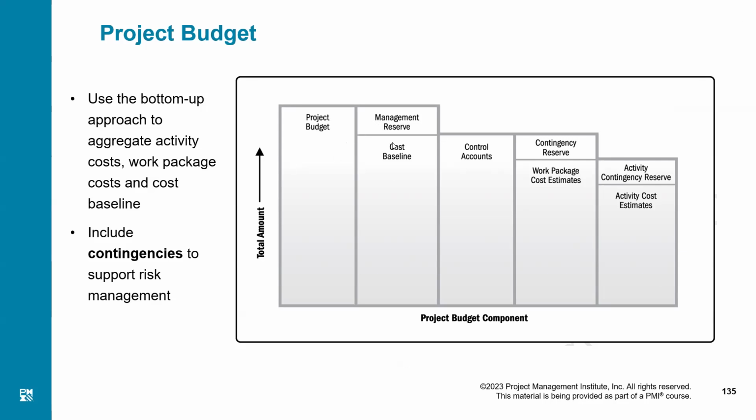Project budget has been divided into 2 parts, the management reserve and the cost baseline, which is BAC. This cost baseline is made up of certain control accounts, say 5 control accounts. So whatever was the total of all the 5 control accounts, that becomes my cost baseline. I add a management reserve to that to come up with my project budget.